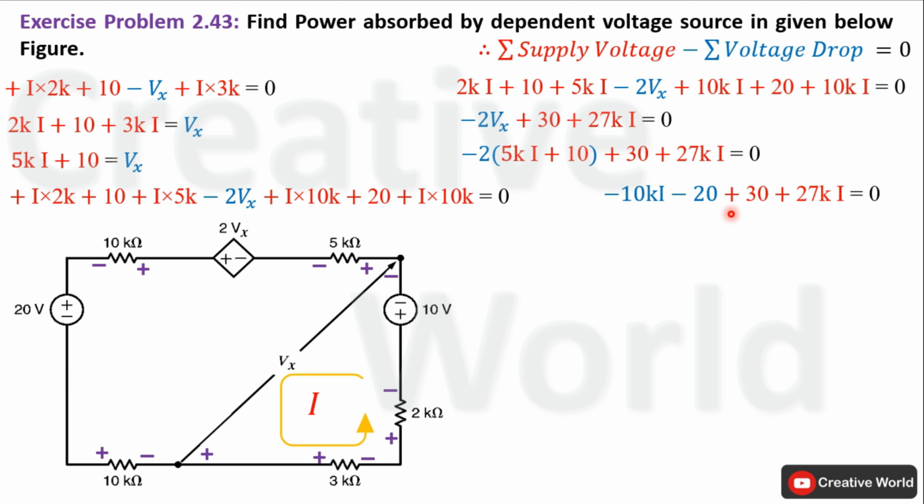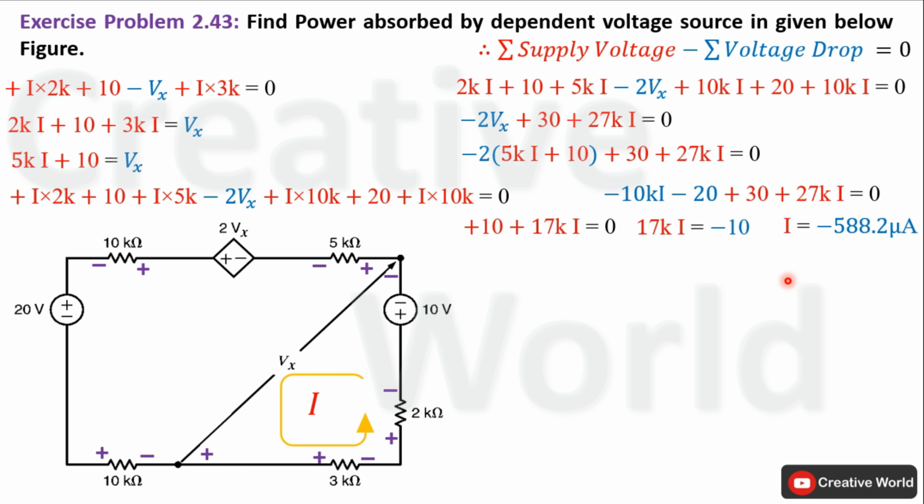Subtract 20 from 30, it will become 10, and subtract 10Ki from 27Ki, it will become 17Ki. Place this 10 on the other hand side of equal. The equation will become 17Ki equal to minus 10. Now divide on both sides with 17K to calculate the value of I, that will become minus 588.2 microampere.